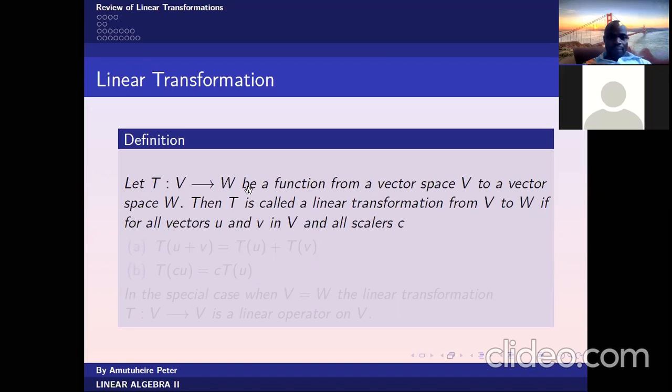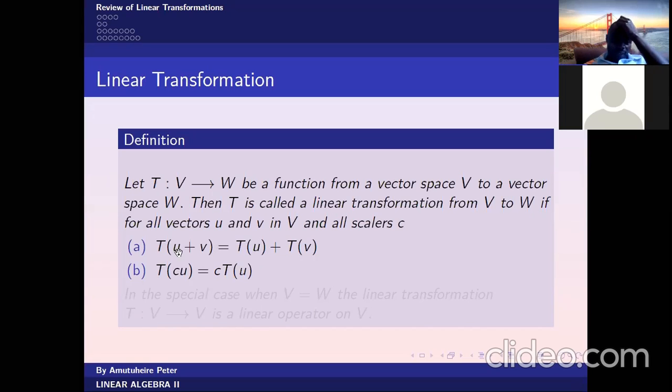So we let T be a function from vector space V to vector space W. Then this T is said to be a linear transformation from V to W if and only if for all vectors U and V and for all scalars C, there are 2 properties that this map should satisfy for us to call it a linear transformation. So the properties are A and B. It should satisfy, this is the linearity actually.